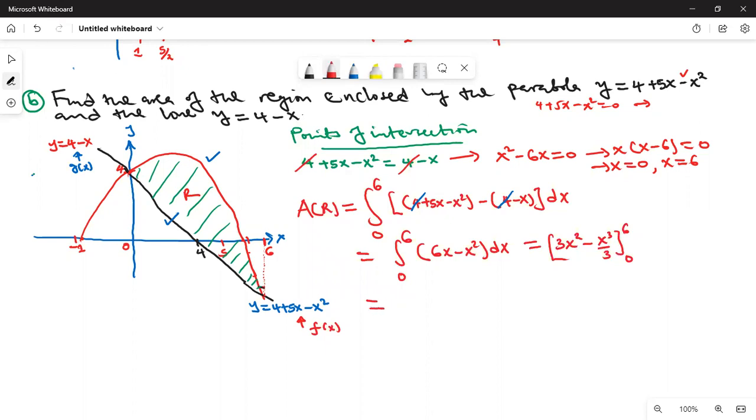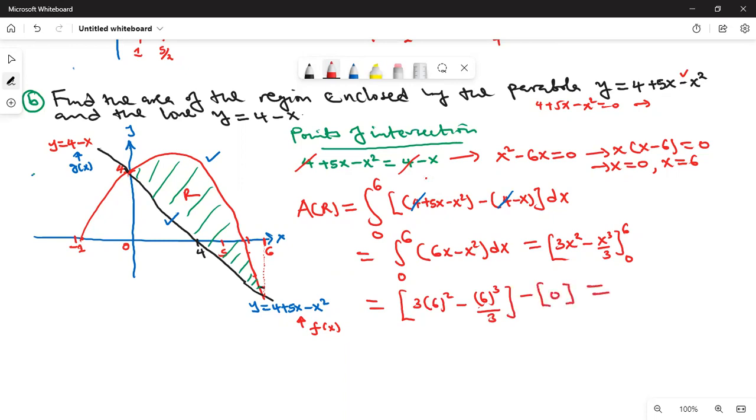When you plug in 6, we are going to have 3 times 6 squared minus 6 cubed, this is over 3. Then minus, when you plug in 0, you get 0.